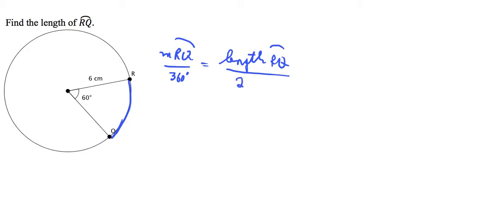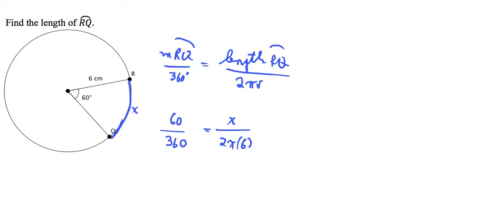But the circumference, if we remember, is 2 pi times the radius. I'm going to call this length x, just so I don't have to keep writing the length of RQ. So x over 2 pi, where the radius in this case is 6, is equal to the measure of RQ, which is 60 degrees, over 360.